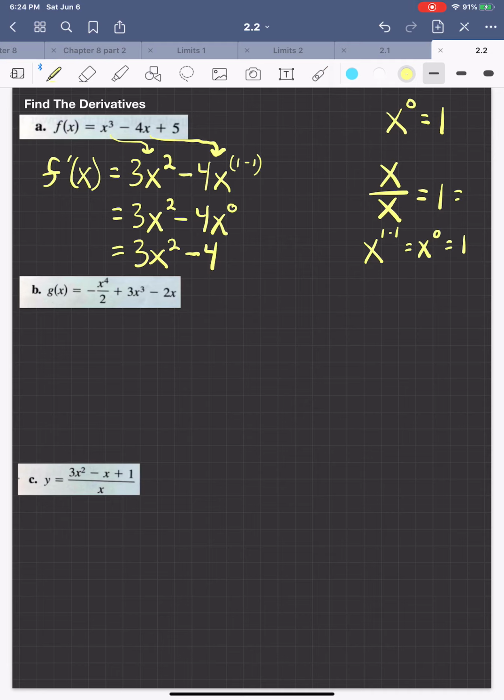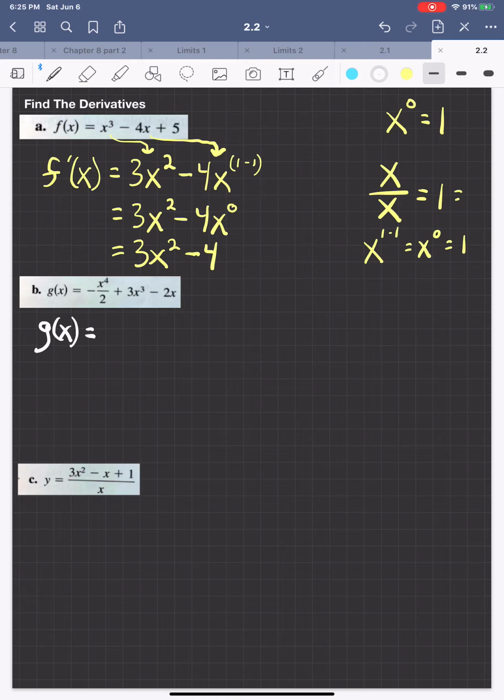So let's rewrite it right now. So no derivatives yet. So g of x, I can rewrite that. Well, negative x to the power of 4 divided by 2. So if I took your age and I divided it by 2, wouldn't that be the same if I took your age and multiplied it by a half, right? To multiply by a half is to divide by 2.